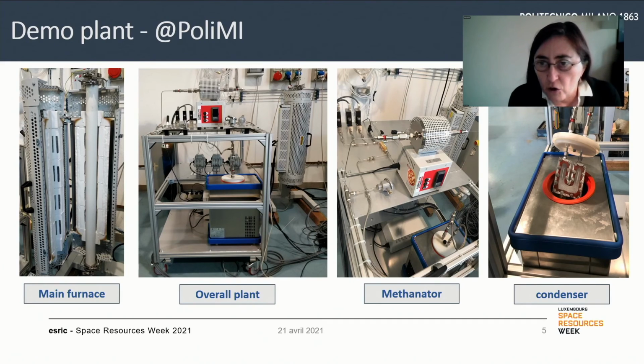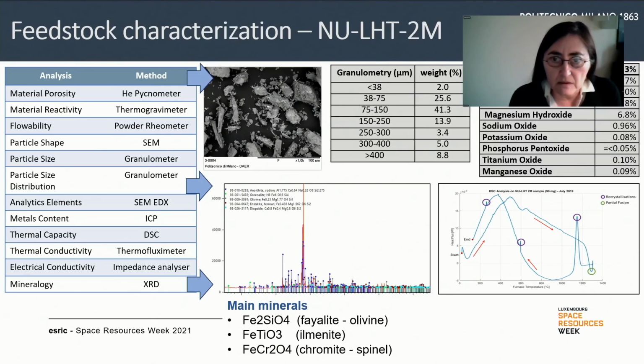That is the core of the measurements. And at the very right, you see the fridge and the element in which we collect the icy water at the end of the experiments.